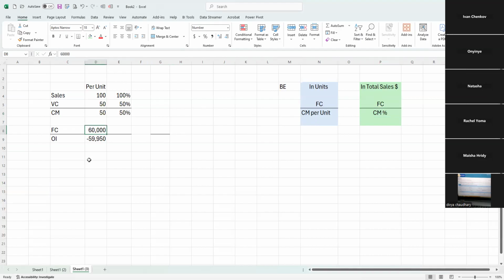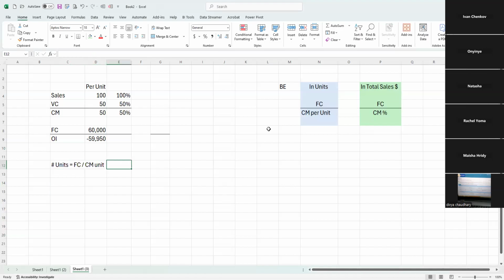The next thing that I need is fixed cost. So if I know this, can I calculate how many units I need to sell? The number of units will be equal to what? Fixed cost divided by contribution margin per unit, right?